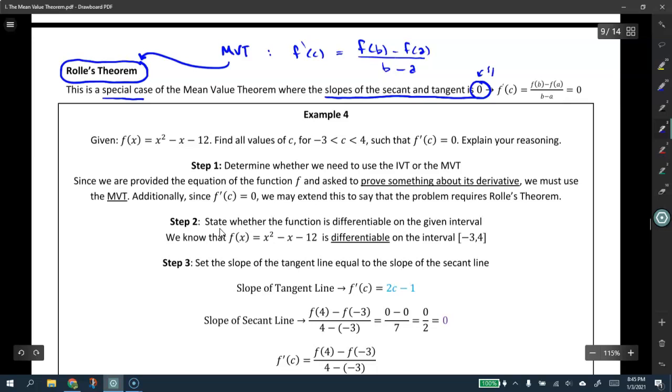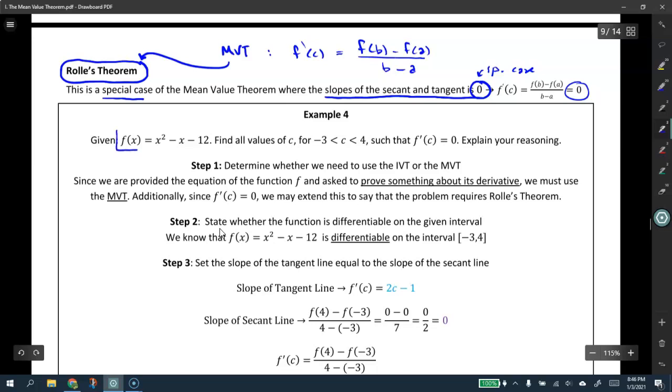So this is the special case. Now, you could go about this just perfectly fine without knowing that this is a special case, by the way. You find the slope of the secant line, you find out it's equal to 0, and then something interesting happens. And this is what I wanted to discuss in this example.